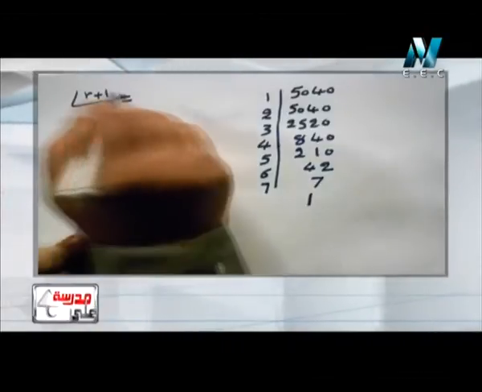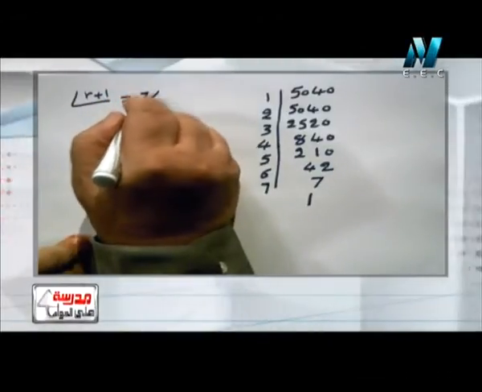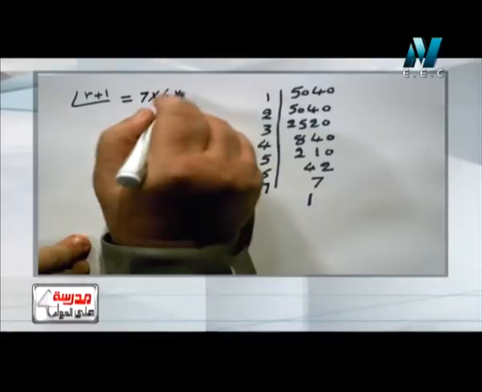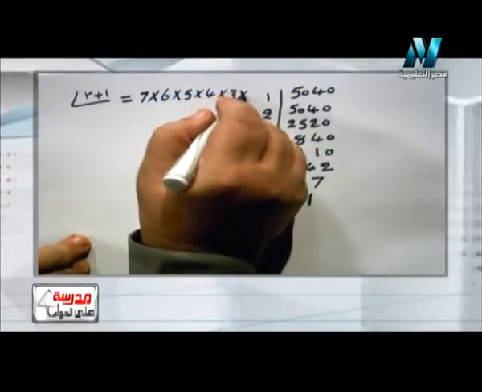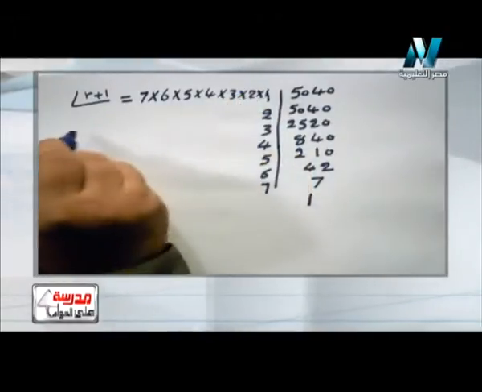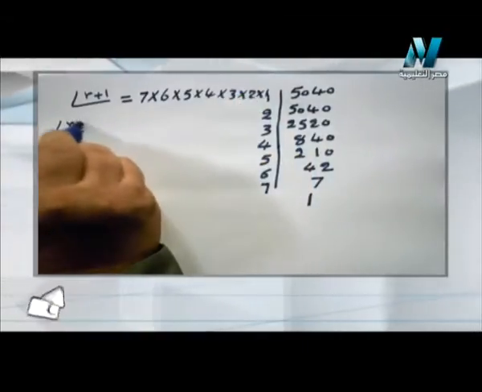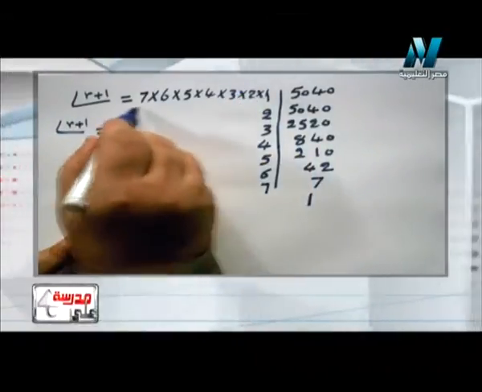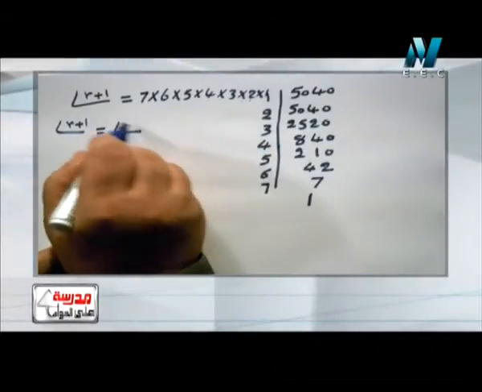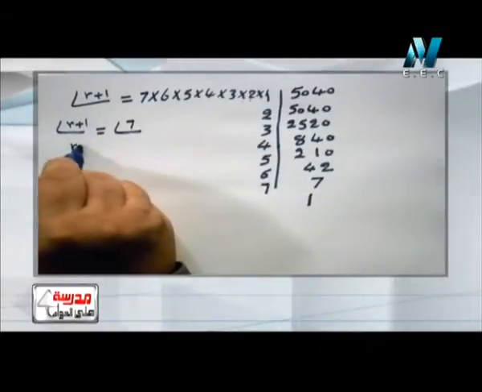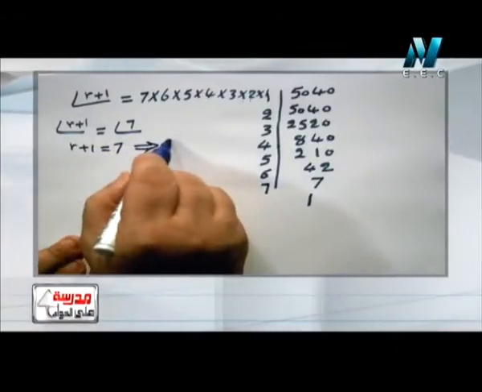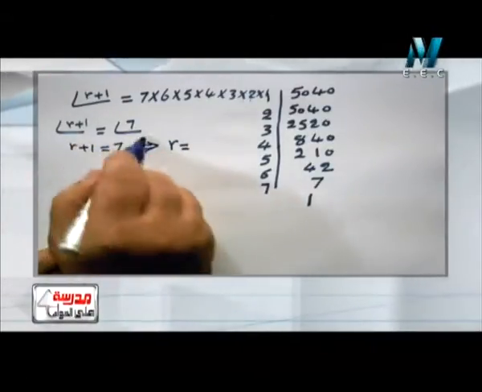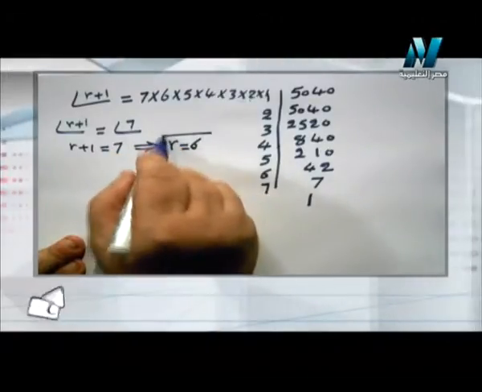Then it equals 7 times 6 times 5 times 4 times 3 times 2 times 1. Then factorial R plus 1 equals factorial 7, so R plus 1 equals 7. Finally, R equals 7 minus 1 equals 6.